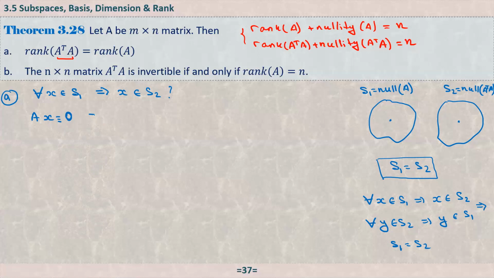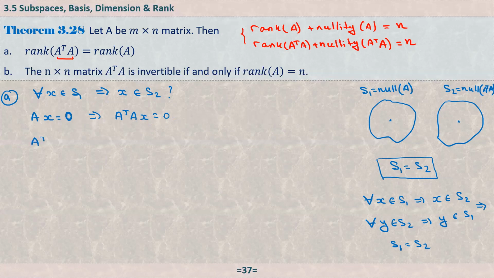Now I also have to show that if I substitute this into the system, A transpose A X will be equal to 0. To show this, let me multiply both sides by A transpose.